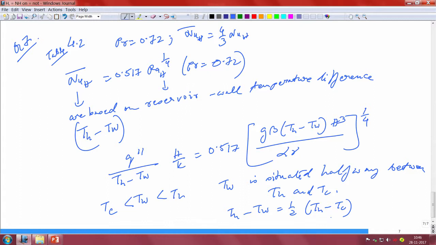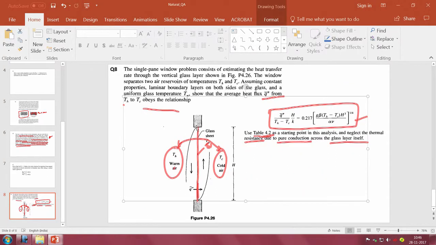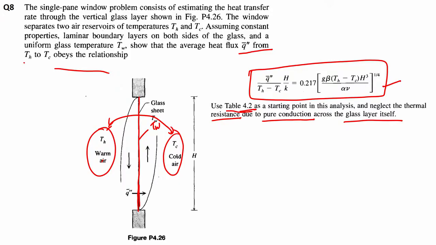That comes from the symmetry, and it is also evident in this picture, where you see these two boundary layers, which are symmetric from either side.